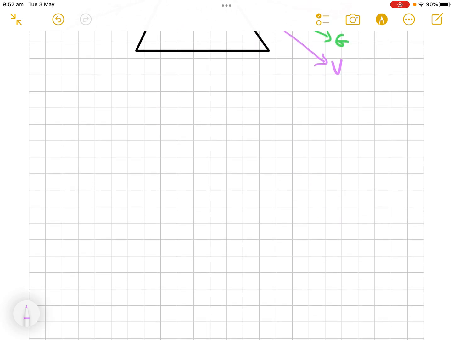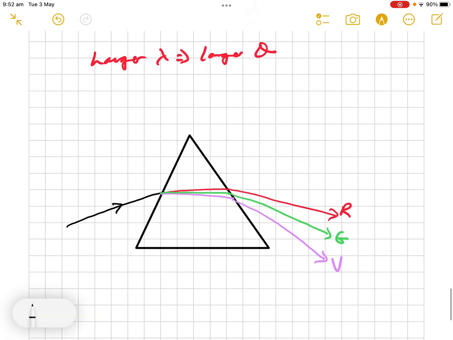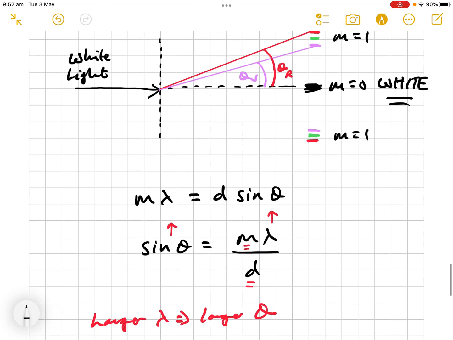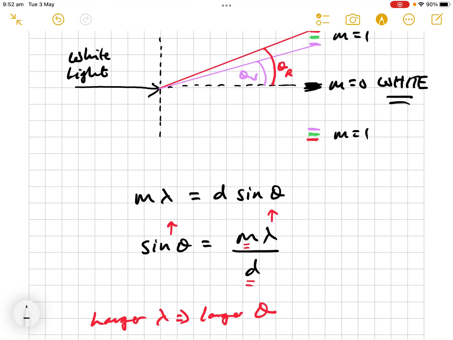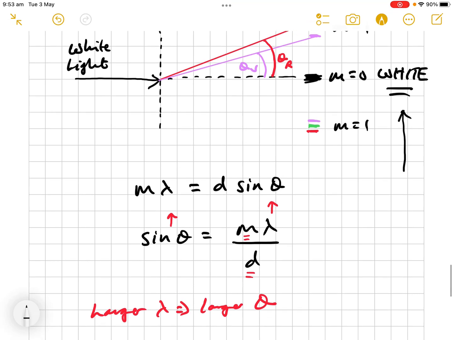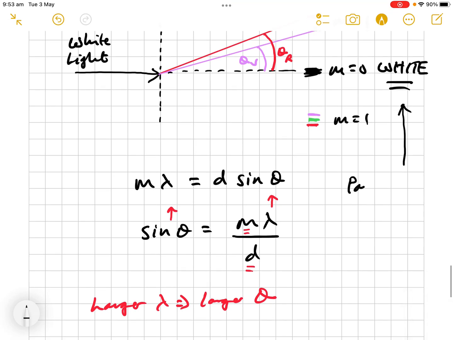Just to finish off, a wee note on the central maximum being white. Basically, this is because the path difference for all wavelengths is 0.